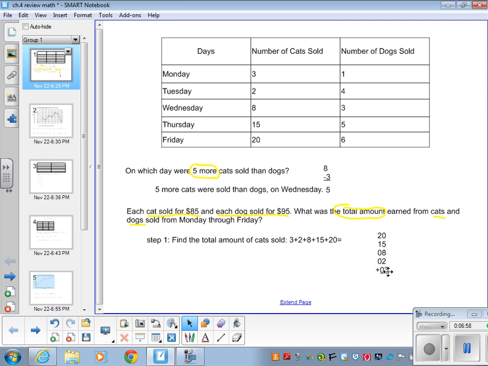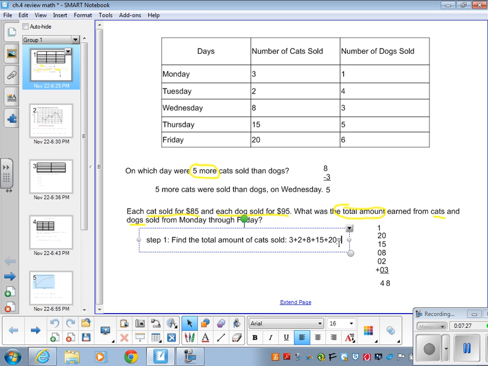Alright, so 3 plus 2 is 5, 5 plus 5 is 10, 10 plus 8 is 18, 8, carry my 1, 1 plus 2 is 3, plus 1 more is 4. If you got the answer of 48, you are correct. They sold 48 cats.